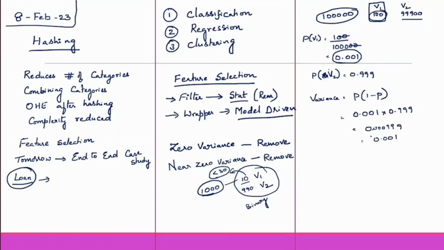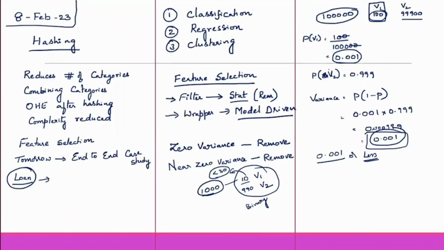Now I can set that if the variance is around 0.001 or less, then I can remove that column.